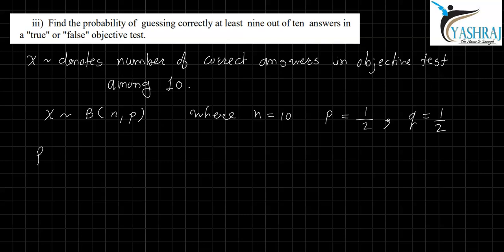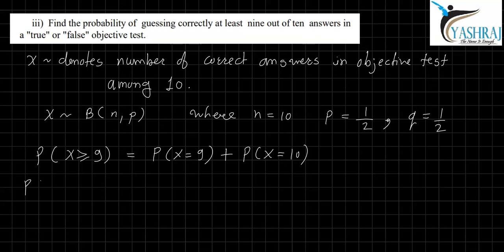That means probability of x is at least 9, that means minimum 9, maximum number of 10 questions we have here. So we have greater than or equal to 9. Means P of x is exactly equal to 9, or P of x is exactly equal to 10.